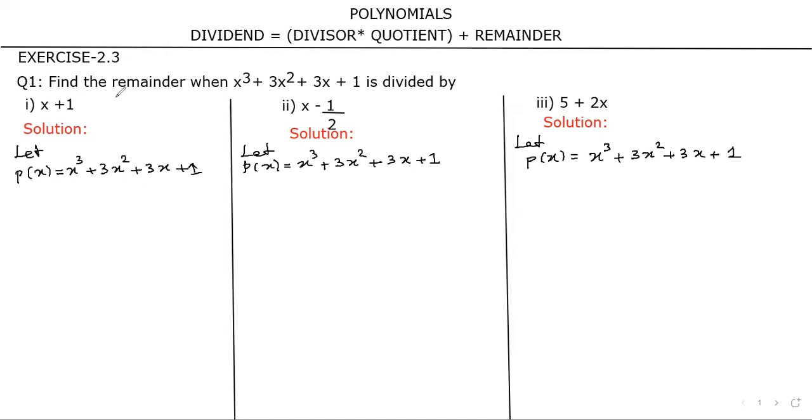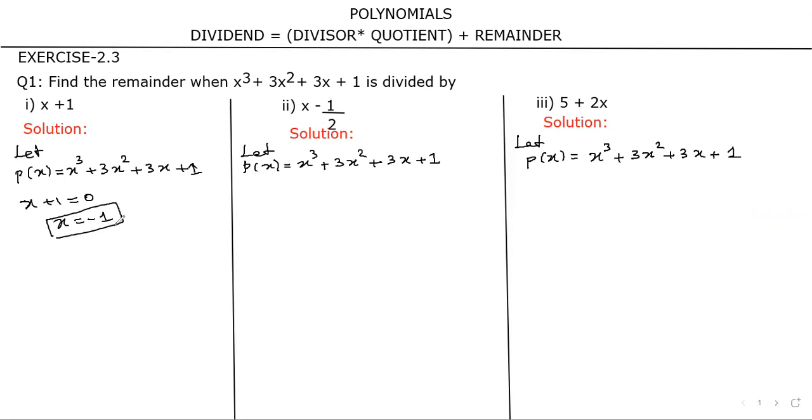See, they are asking to find the remainder. And this is the factor they have given. So from x plus 1, just you have to equate it to 0 to find the value of x. What is the value of x? This positive 1, when going to the other side, it becomes negative 1. So this is the factor here. So they are asking, this is the remainder.